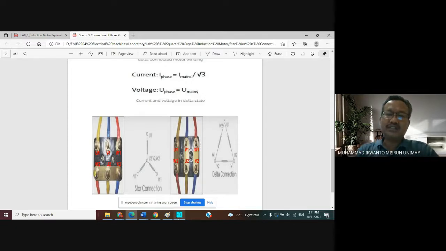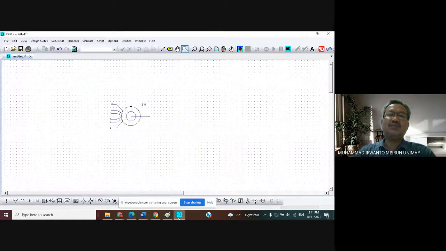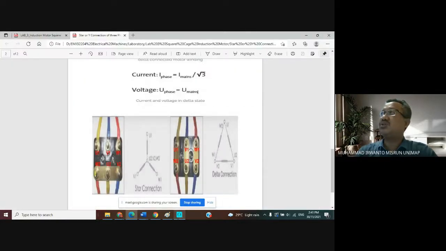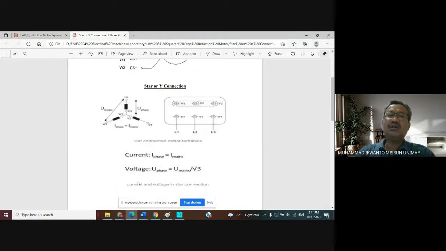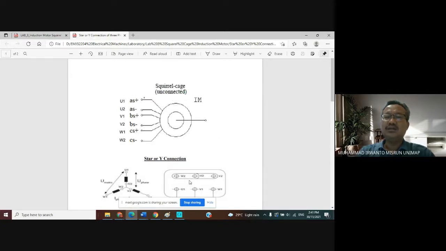Okay, in our simulation, it is up to you whether you want to use delta or Y. For example, I want to use Y. Y is easy. U2, V2, W2 connect together. U2 in here, V2 in here, and W2 in here connect together.